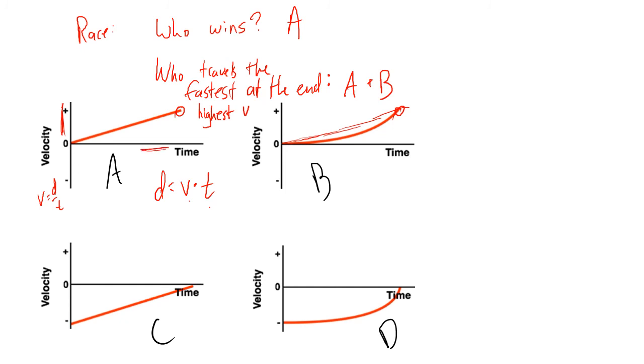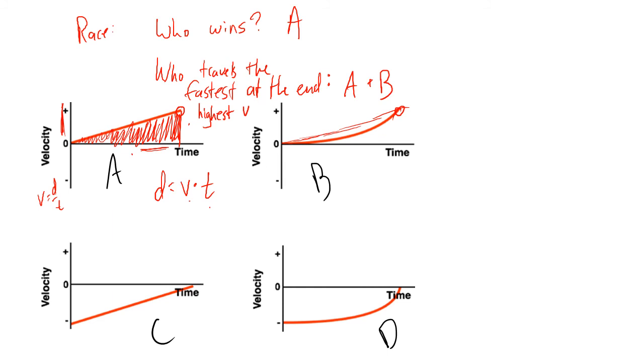Velocity times time is going to calculate area in this graph. So to figure out the distance of A, that's going to be the area of this triangle. It's going to be 1/2 this times that. Whatever numbers. I don't have any numbers for this one.